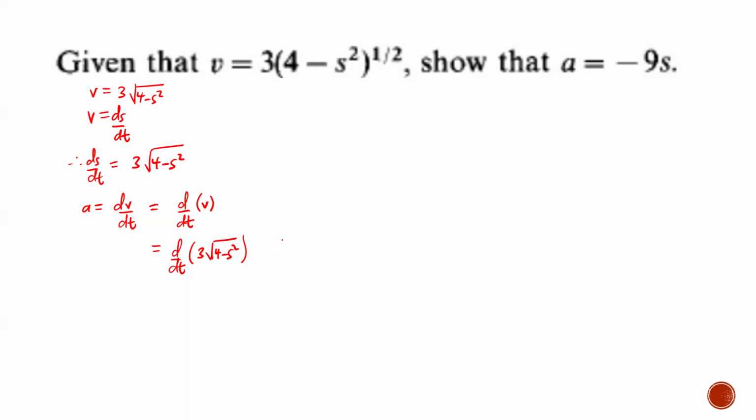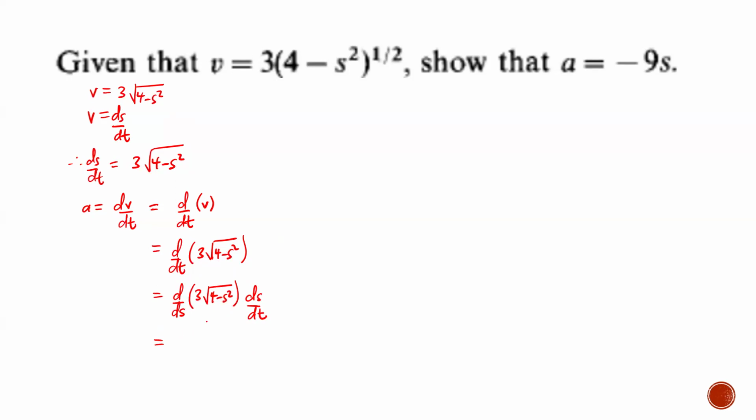Now, from the chain rule, since it's a function in terms of s, I'll first differentiate this with respect to s, so the derivative of 3 times the square root of 4 minus s squared with respect to s, and then multiply this by ds/dt. What would I use?